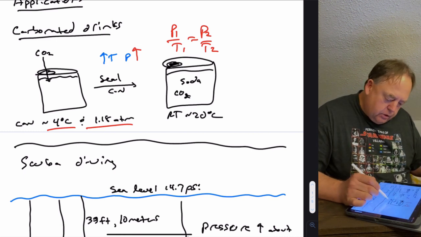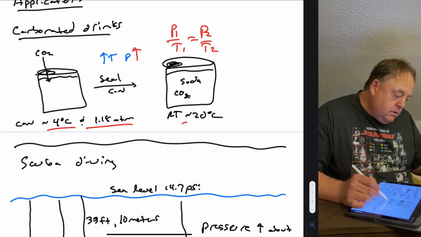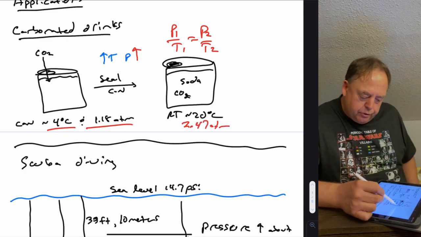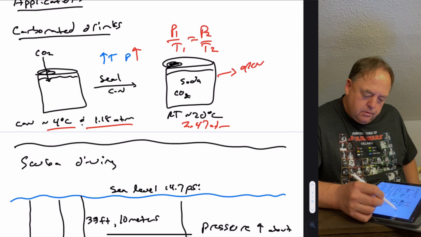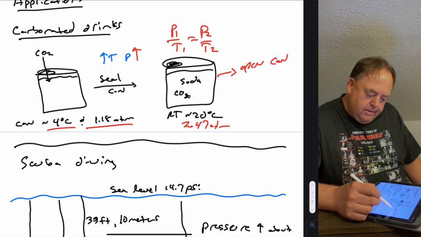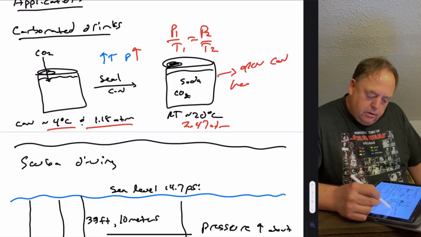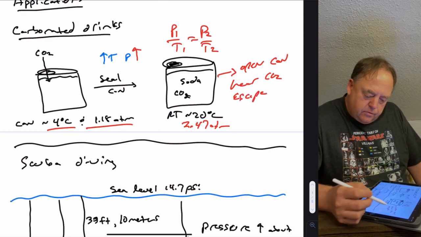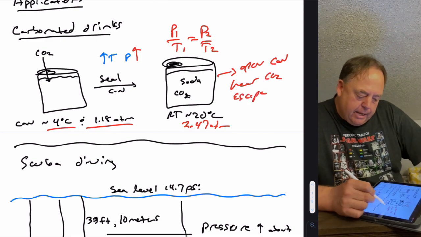Now the pressure is about 2.47 atmosphere. And then what happens when you open the can? Well, you hear CO2 escape, right? Because when you open the can, now the pressure goes down.